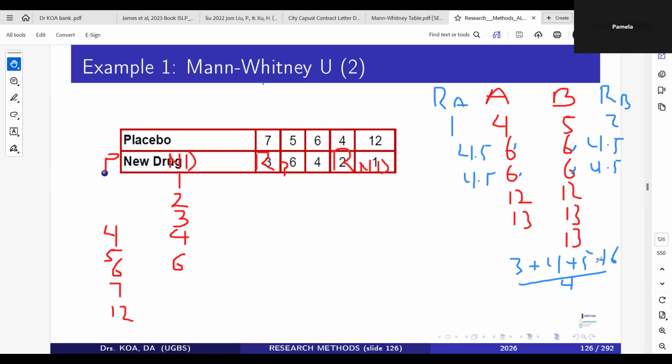But you should never forget where you ended in the ranking. You ended at rank number what? 6. So in your continuation, you got to continue from rank 6.